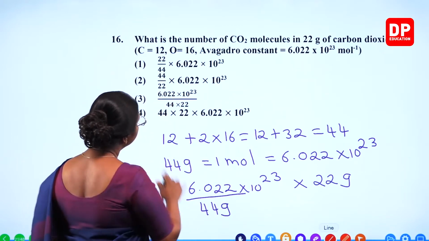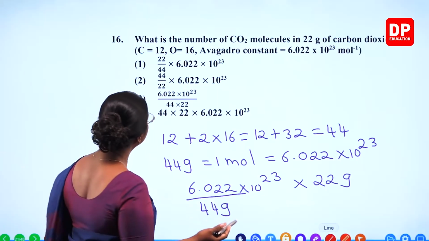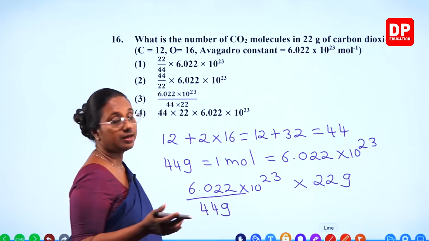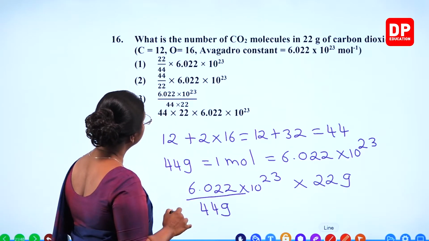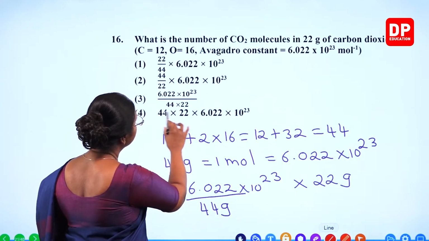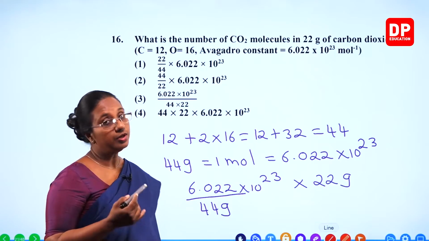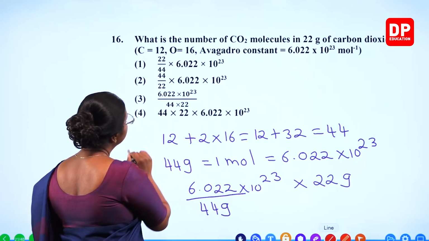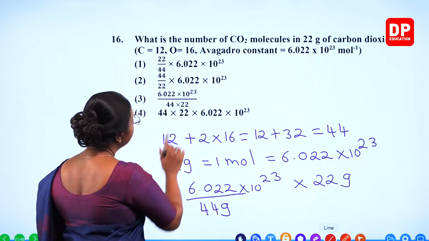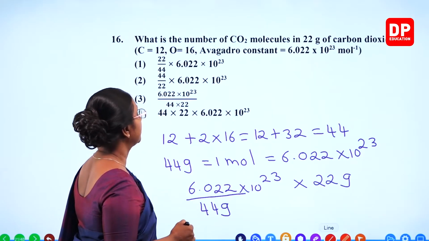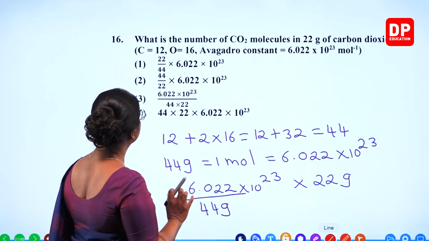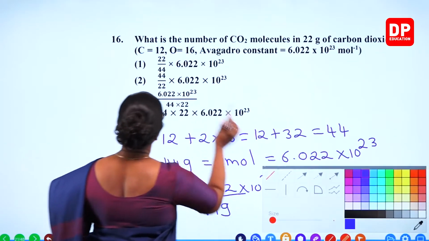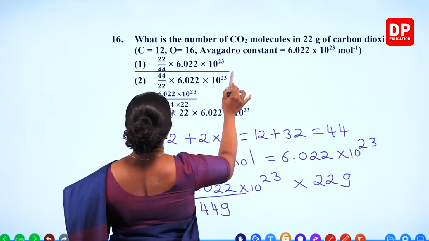Second one, 44 divided by 22 into 6.022 into 10 to the power of 23, not correct. 6.022 into 10 to the power of 23 divided by 44 into 22, that's also incorrect. And the fourth answer, 44 into 22 into 6.022 into 10 to the power of 23, that is also not correct. So the correct answer is the first answer.